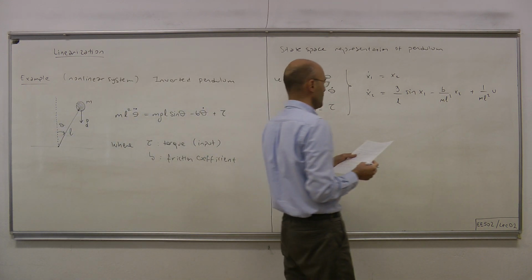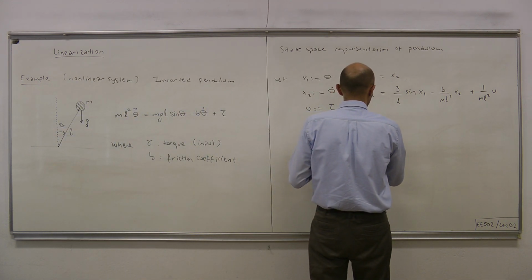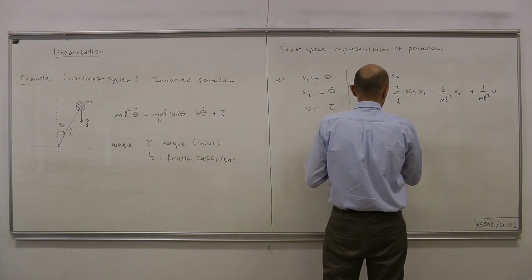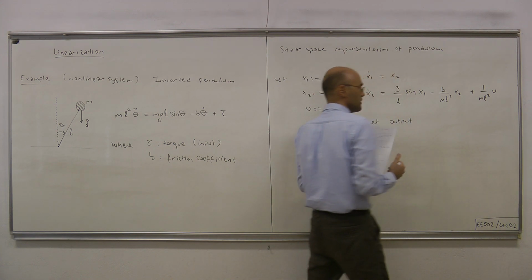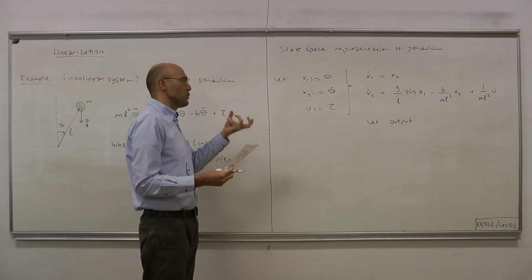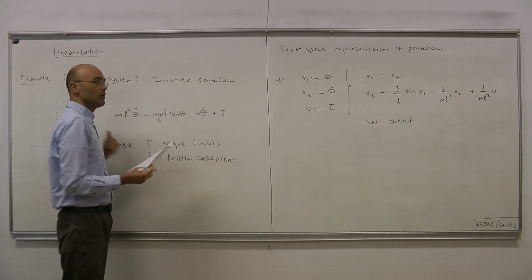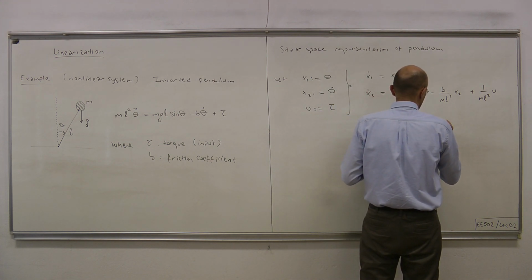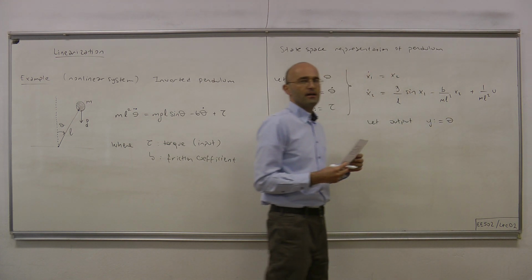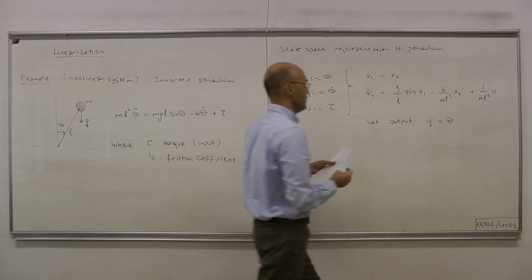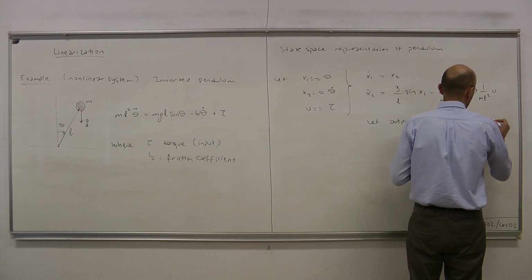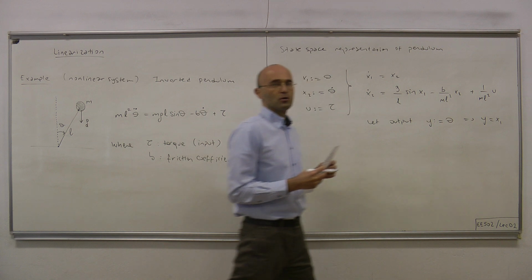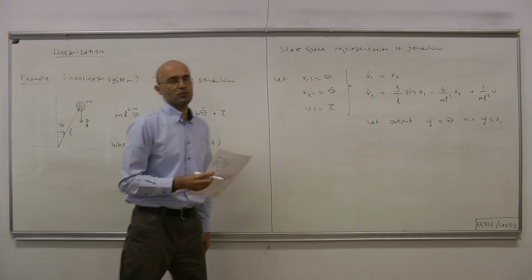And let the output for the system be theta, that is, suppose what we measure is this angle, through some encoder, let's say. Therefore, immediately we have output equals the first state variable, x1.